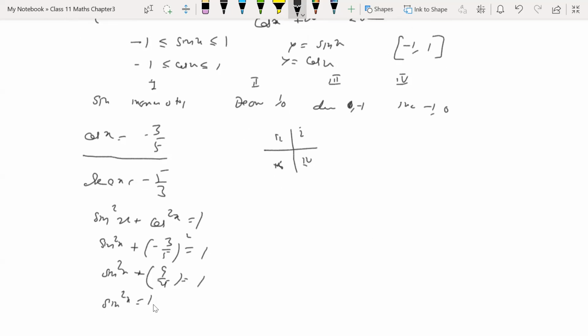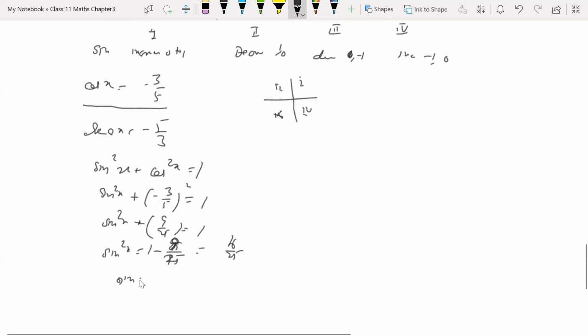Sin square x is 1 minus 9 by 25, and it is 16 by 25. And sin x is the root of 16 by 25, which is 4 by 5.